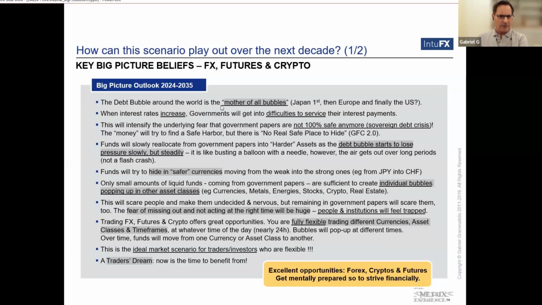The debt bubble around the world is the mother of all bubbles. It's the biggest bubble. There are many bubbles, but the debt bubble is the biggest in terms of money that is in there, right? And I think Japan will be first. Then comes Europe, and then only finally the US. Everybody thinks, oh, the US is first.